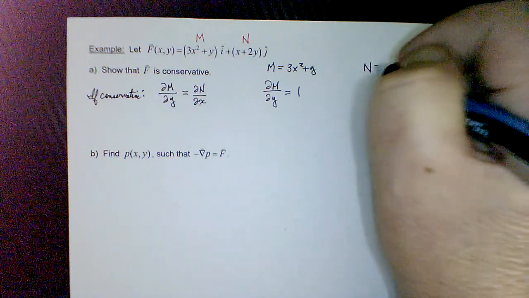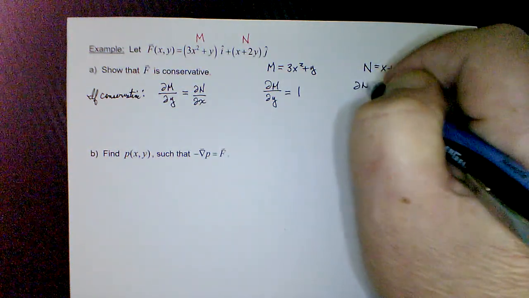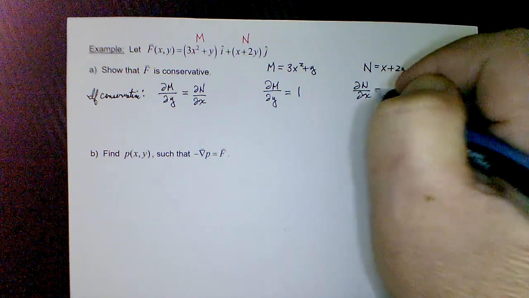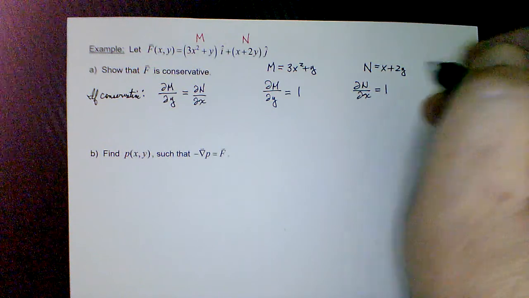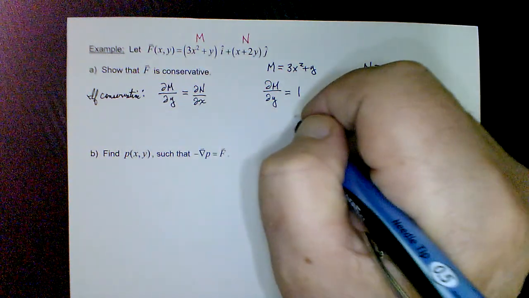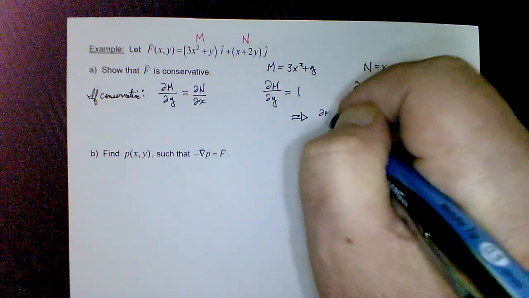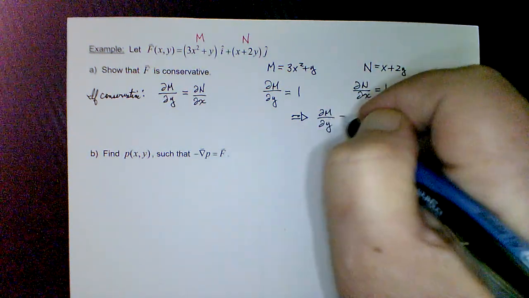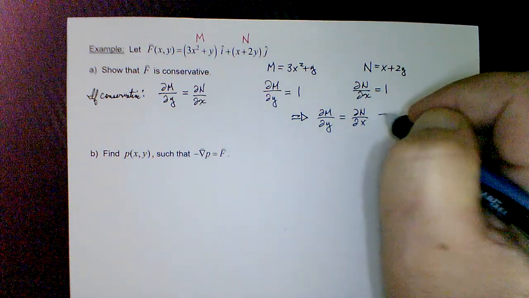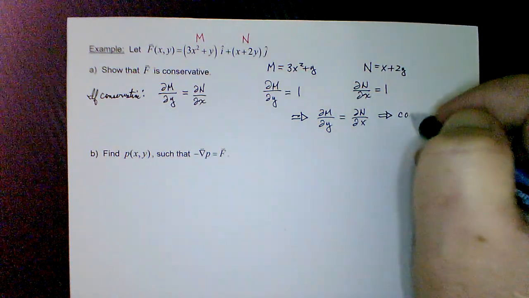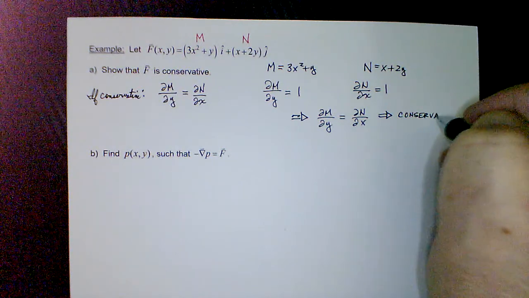Okay, n is x plus 2y, and the partial of n with respect to x is derivative of x is 1, y is a constant, so the derivative of 2y is 0. So therefore, we have that the partial of m with respect to y is equal to the partial of n with respect to x. So then we've proven that the vector field is conservative.